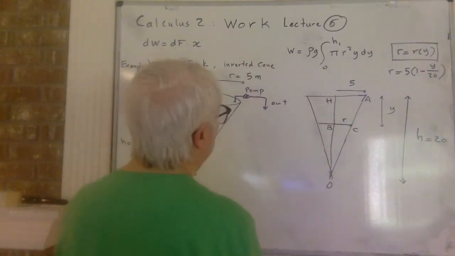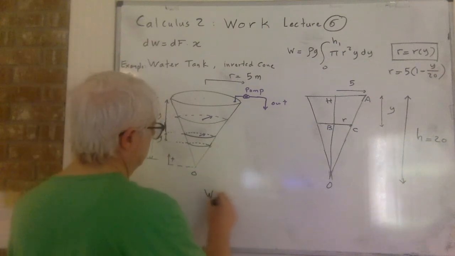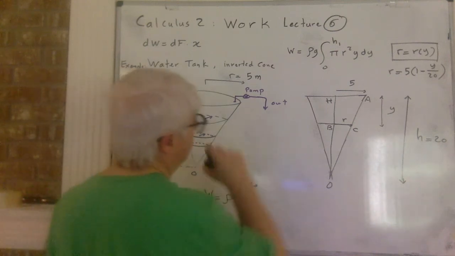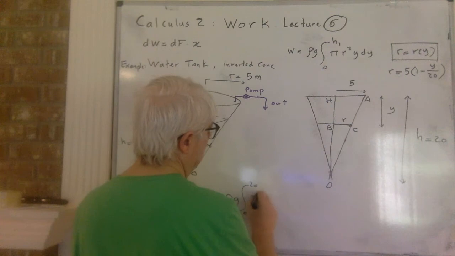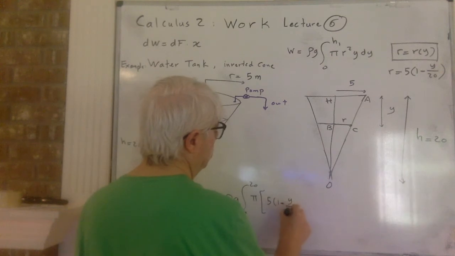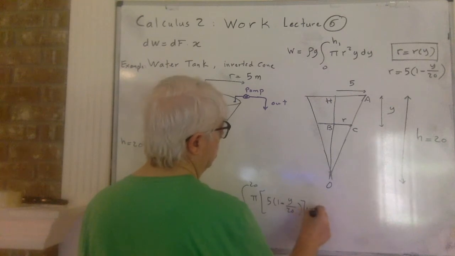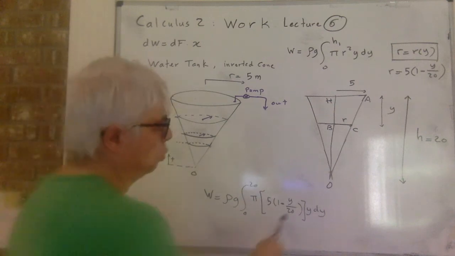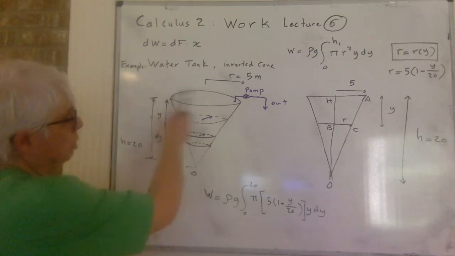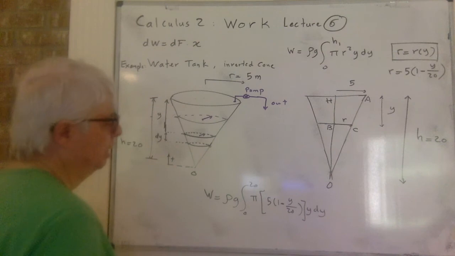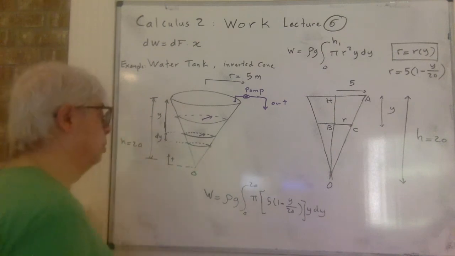So work done will be rho g, integral from 0 to 20, pi r squared, where r is this thing, 5 times 1 minus y over 20, times another y dy. If you forget this y, what you are doing is finding the volume of the water. So don't forget the y.